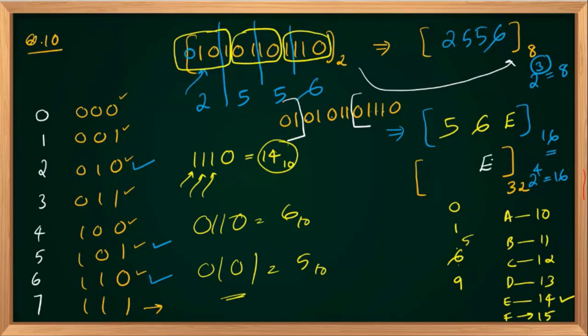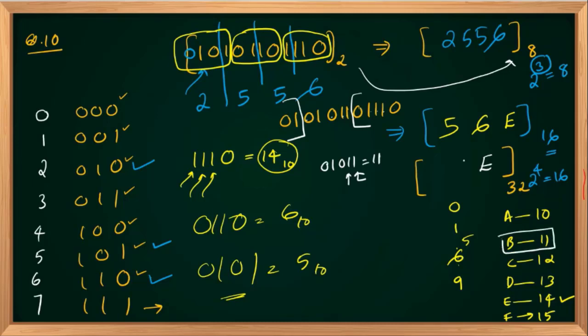Then the next one is 0, 1, 0, 1, 1. How much is this? This is 2 power 0, that is 1. This is 2 power 1, 2, 2 plus 1, 3. This is 2 power 2, this is 2 power 3. So 8 plus 3, 11. 11 corresponds to the digit B here.